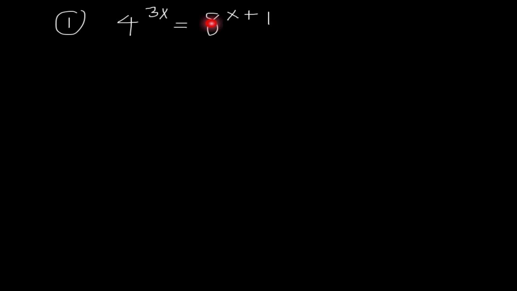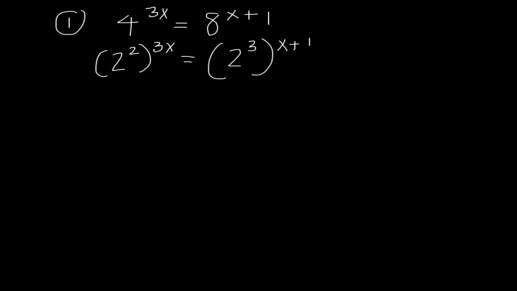So I know that 4 is really 2 squared, so I have 2 squared to the 3x. And I know 8 is 2 cubed, so I have 2 cubed to the x plus 1.